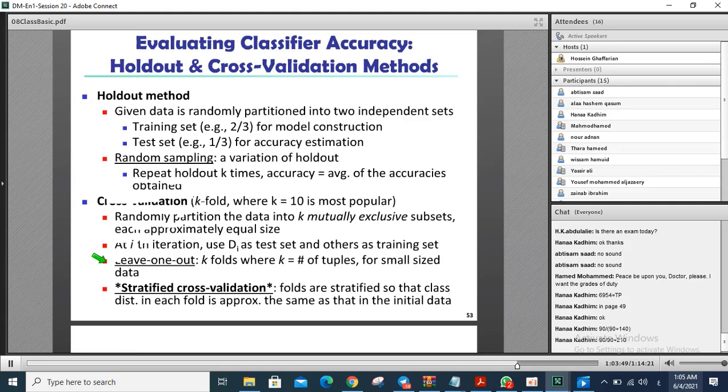For example, if I use 10 folds, I'm creating a training set consisting of 9 different folds, and then I'm testing that classifier with the first fold.